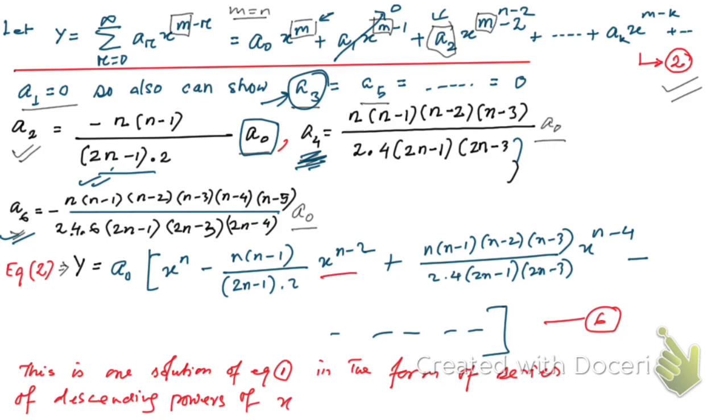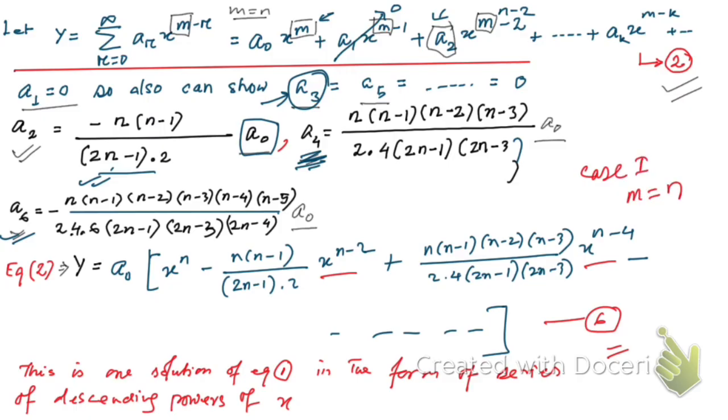Because here power is decreasing gradually. So we can obtain the solution similarly for ascending powers of x. Okay, you see we have done this for case 1, which is m is equal to n.